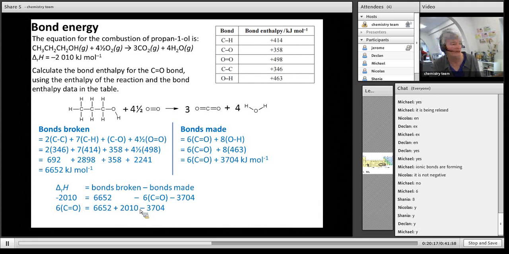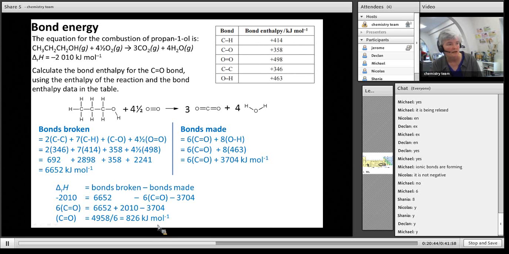Okay, right. And then, of course, this stays on this right-hand side, so that sign doesn't change. And now, of course, I've got a 6 over here, so I work that sum out, divided by 6, so I get 4958, divided by 6, and I get 826 kilojoules per mole. Don't forget your units.